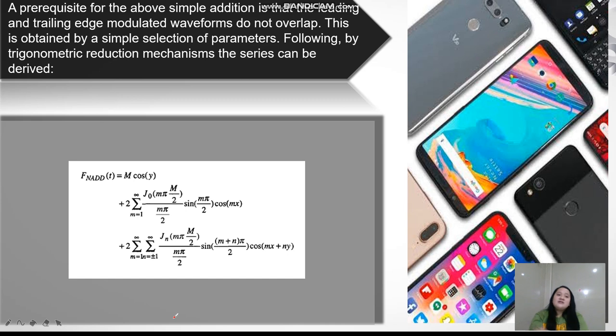So the next is, it is the prerequisite for the above simple addition, that is that leading and trailing edge modulated waveforms do not overlap. This is obtained by a simple selection of parameters. Following by the trigonometric reduction mechanism, the series can be derived as, so you can see here is another form of the formula that can be used to solve the NADD.